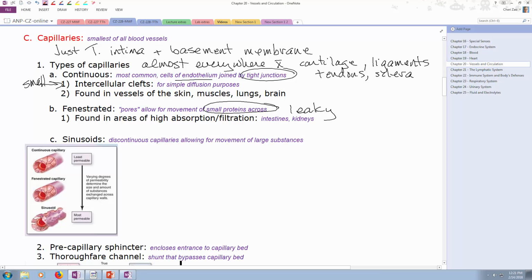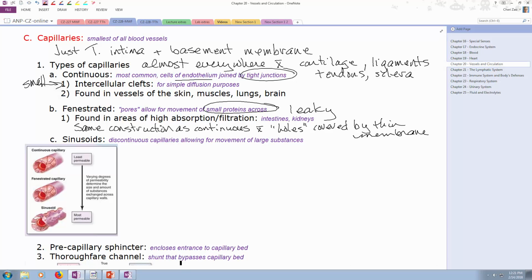They have the same basic structure as our continuous capillaries, except for these holes that are covered by an extremely thin membrane, and it's what allows for more material to pass through this thin covering.